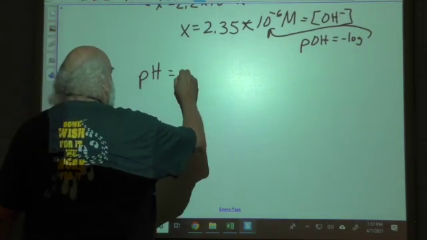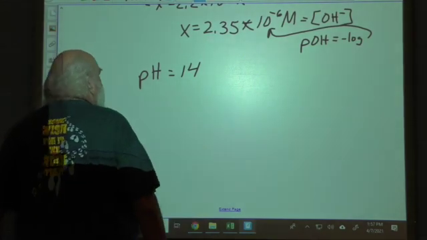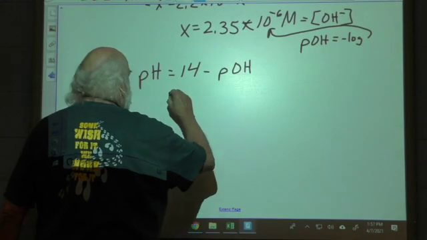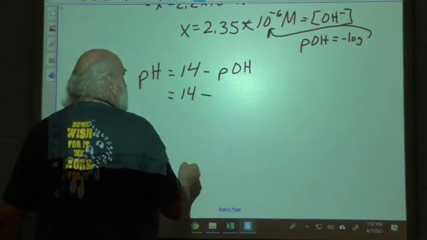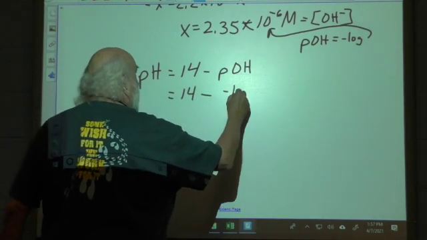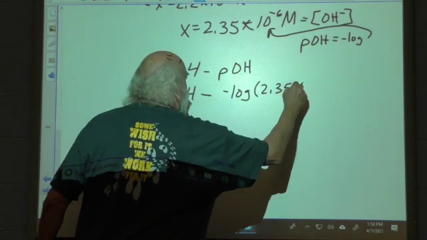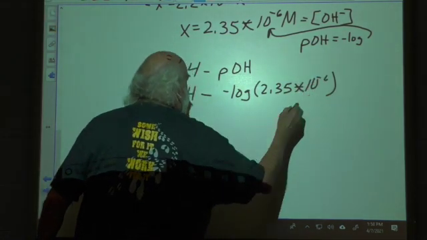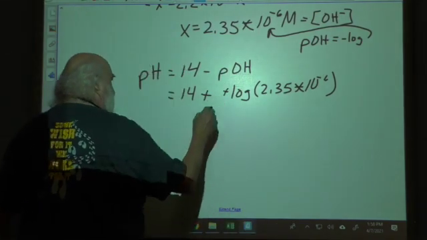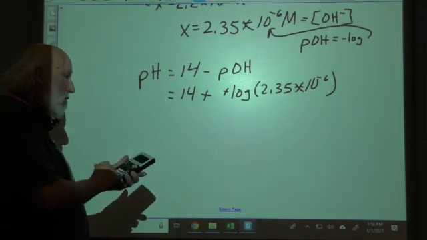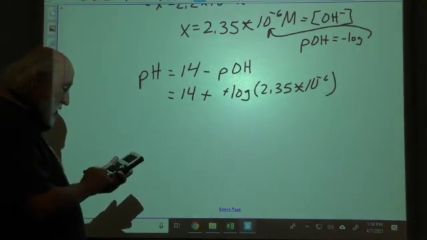You said 14, you are correct. And so 14 minus pOH, which is 14 minus the negative log of 2.35 times 10 to the negative 6. And we can change this to plus a positive. So we take 14 plus the log of 2.35 times 10 to the negative 6.